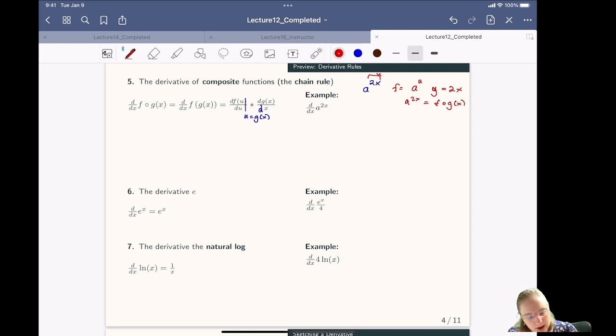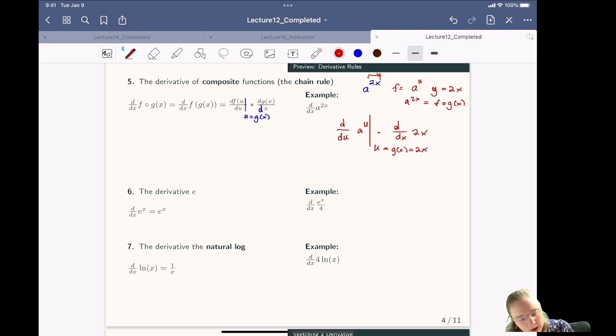To see how this plays out, we want to first take the derivative of the first function. So we have d by du of a to the u times d by dx of g of x, which is 2x. And then for the first function, we plug in u equals g of x, which is 2x.